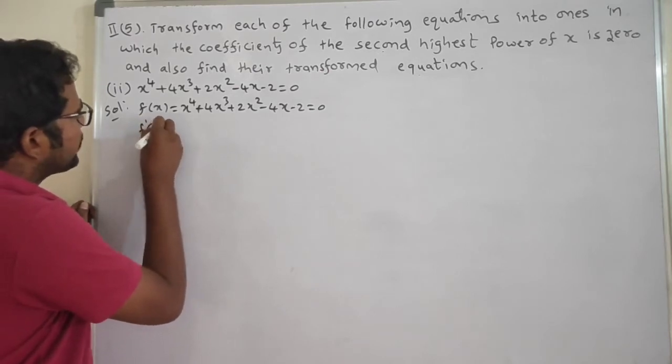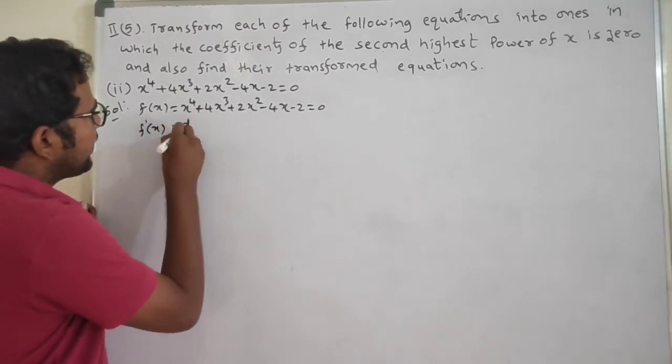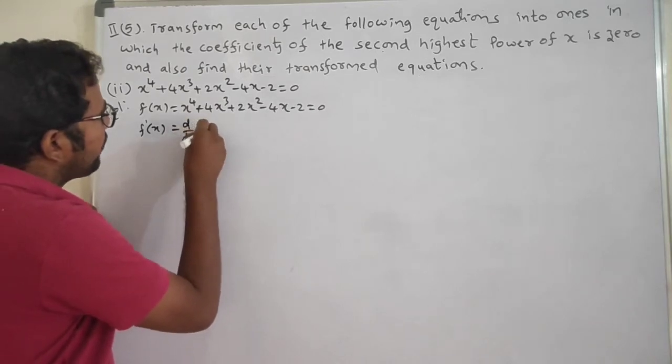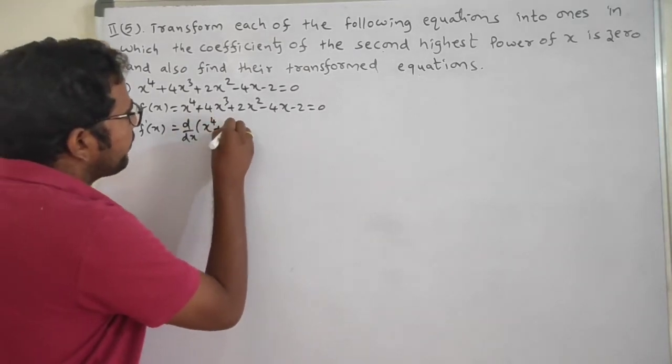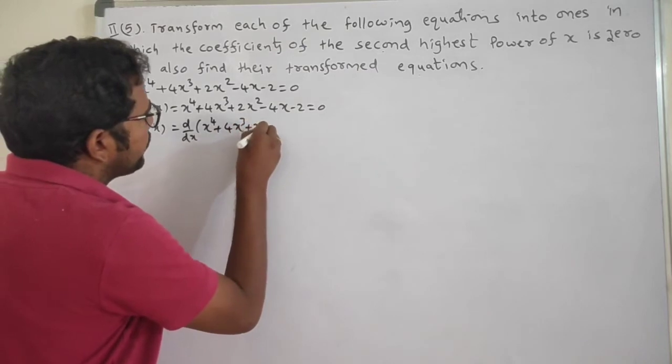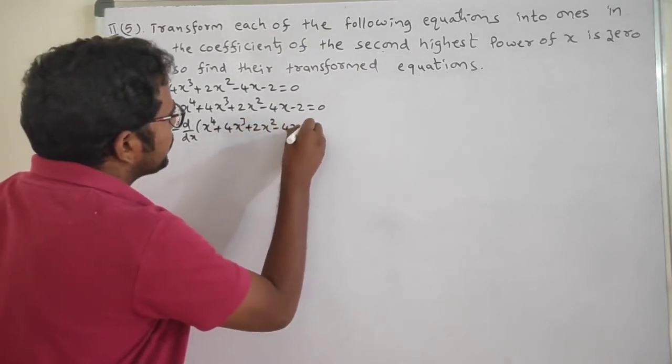F dash of x is equals to d by dx of x power 4 plus 4x power 3 plus 2x square minus 4x minus 2.